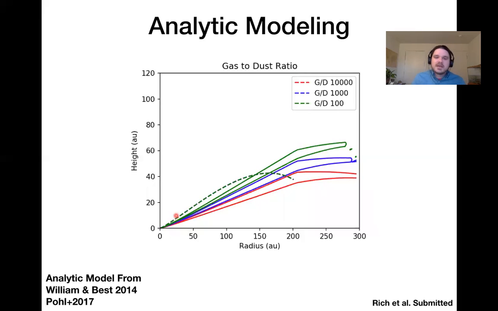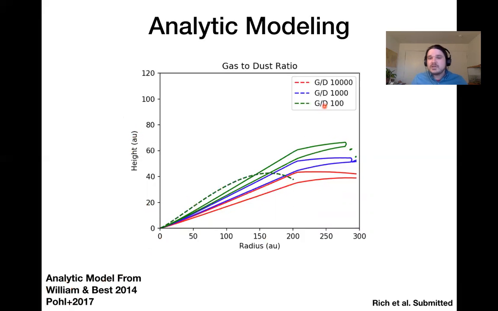So this is taking analytical models, the Williams and Best 2014 analytical models for the CO gas. The photosphere of the 12CO gas is the dashed line here. Similar plot to before, the height in AU versus midplane radius in AU as well. And then the small dust grains, assuming 1 micron, from Pohl 2017. These are the colored solid line contours here.